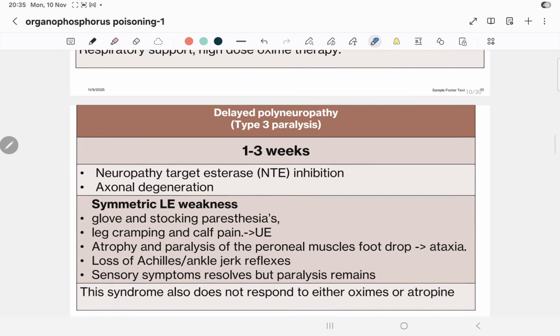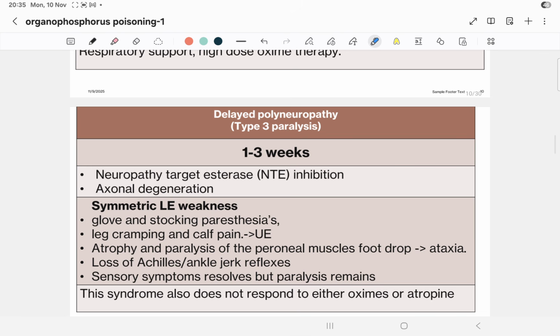Coming to delayed polyneuropathy, it happens 1 to 3 weeks after exposure. It happens due to the inhibition of neuropathy target esterase. It has nothing to do with acetylcholinesterase or acetylcholine. There is a separate enzyme called neuropathy target esterase which gets inhibited in delayed polyneuropathy, and there will be axonal degeneration. One thing that is important to remember is that all the signs and symptoms will present in lower extremities, not in upper extremities.